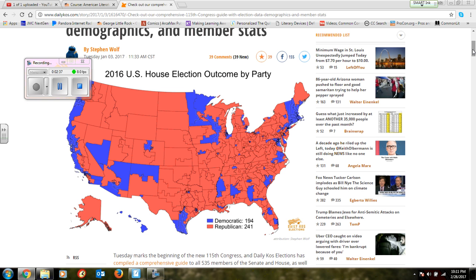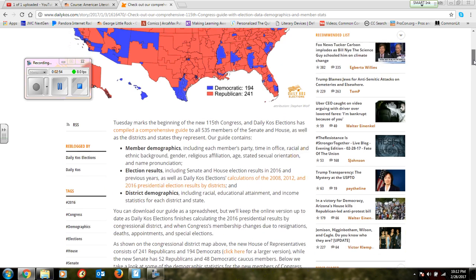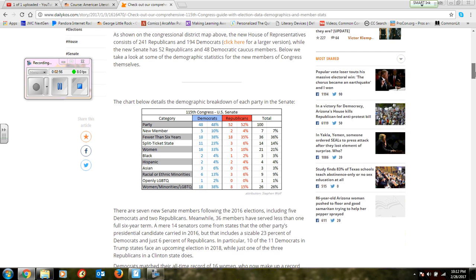So in the House of Representatives, the Republican Party is quite in control. In the Senate, it's not so specific. There are 52 Republicans and 48 Democratic senators.